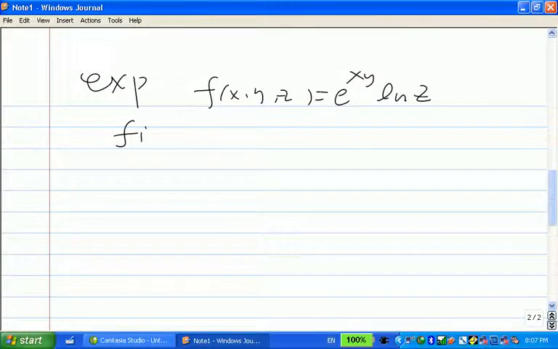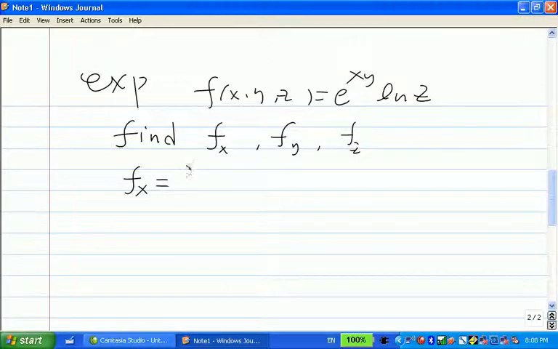We want to find partial f with respect to x, partial f with respect to y, and partial f with respect to z. First, let's find partial f with respect to x. This means you want to take the derivative with respect to x of f. What's your f?